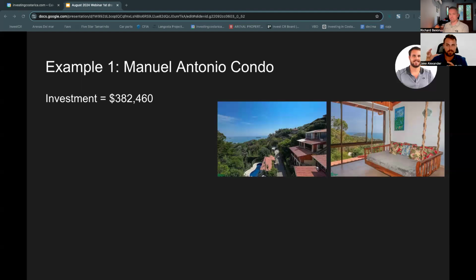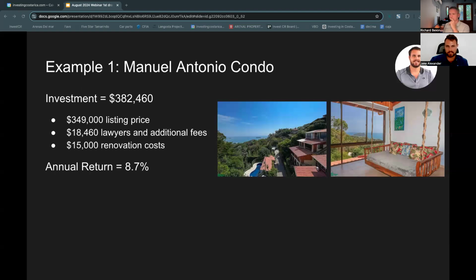So you have the option to rent it as a 2-bedroom or separately as 2 1-bedrooms. So with this, you're looking at an investment of $382,460 after the listing price and closing costs, $15,000 for renovation, really to cover furniture and some small details in there, and looking at an annual return of about 8.7%.